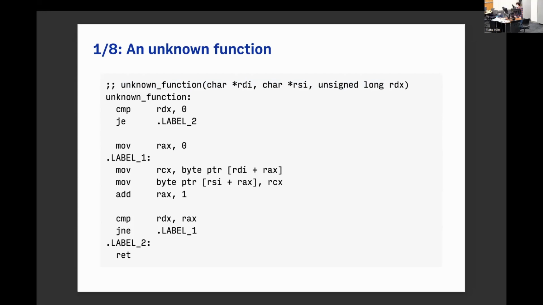So we have a character pointer or a character array coming in via RDI. We have a character pointer coming in via RSI and an unsigned long coming in RDX. And when you see these in the assembly below, you can think of these as just variables. So when you see compare RDX, 0, RDX is a variable that came in as an argument.